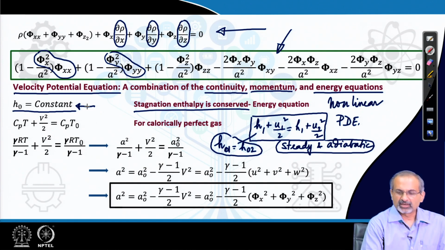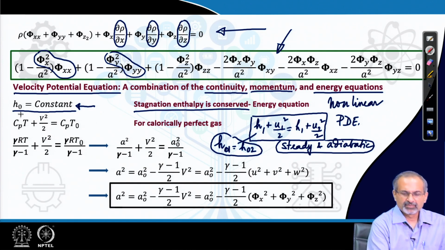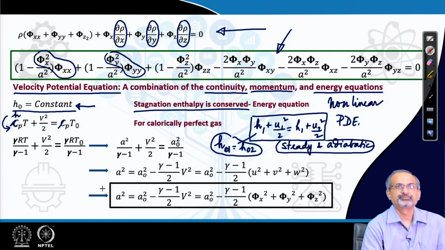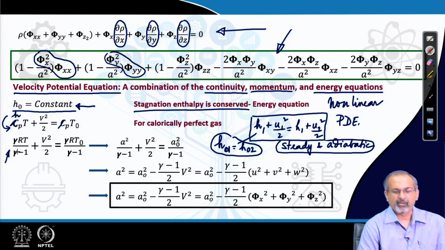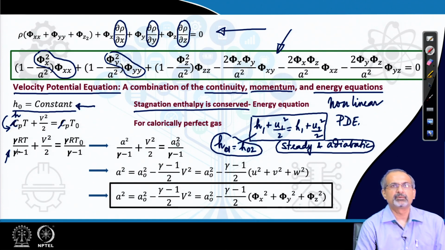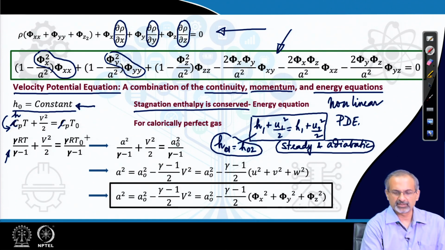Now, for a calorically perfect gas, H naught is basically H plus V square by 2. We are representing H as C p times T, and H naught as C p times T naught, and then replacing them by gamma T by gamma minus 1 and gamma T naught by gamma minus 1.